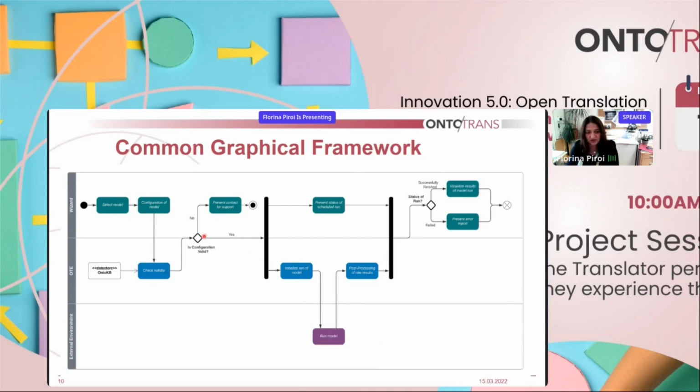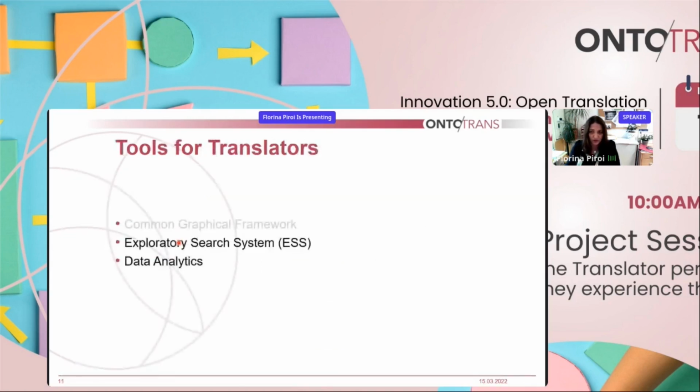This is just an example of the many possible interactions between the wizard, the common graphical framework, and the OTE. These interactions, like this arrow, for example, trigger calls to the REST API, which were mentioned before. They might trigger calls to external simulation platforms, and requests for validating the data and so on.